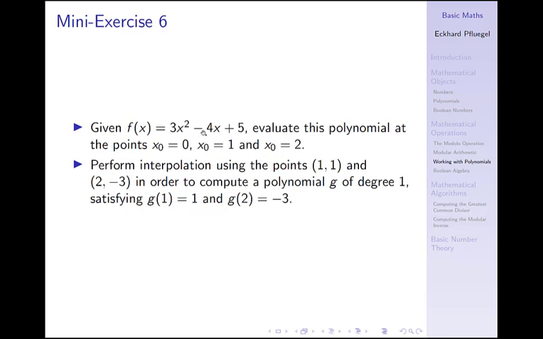So evaluate the polynomial 3x squared minus 4x plus 5 at the points x equals 0, 1, and 2. And then another exercise, given the points (1, 1) and (2, -3), can you compute the straight line going through those 2 points? So that's a polynomial g of degree 1.